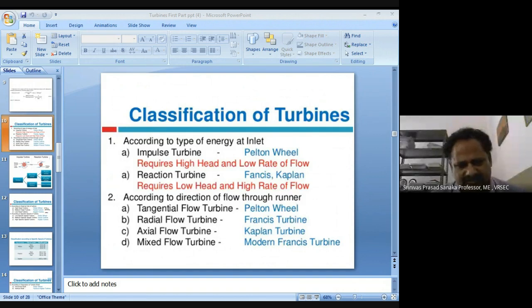Tangential flow turbine, we just studied in the layout of the hydroelectric power plant. We supplied the jet in the direction of the tangent to the wheel.